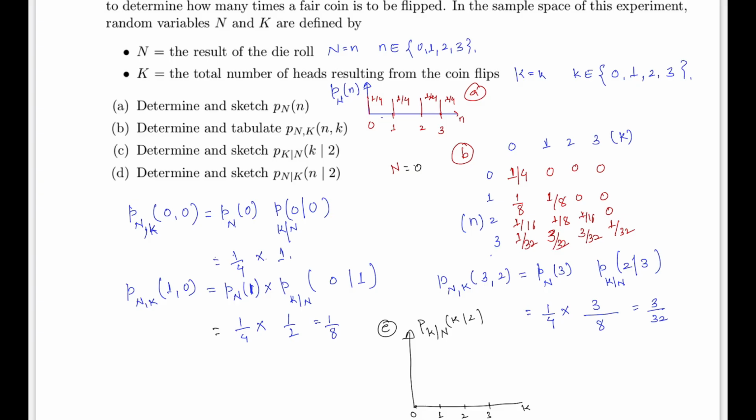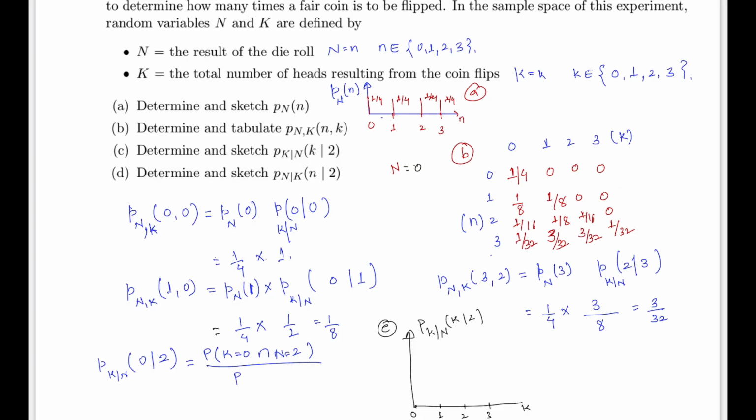First, we want to find the probability that random variable k takes the value 0 given that n takes the value 2. We can make use of the conditional definition. That is the probability of these two events happening together, k takes the value 0 and at the same time n takes the value 2, divided by the conditioning event.